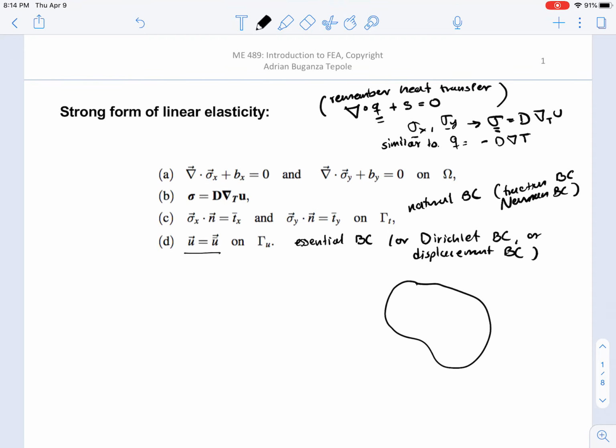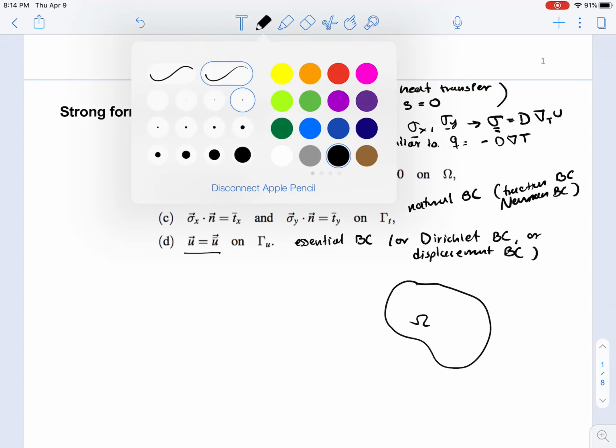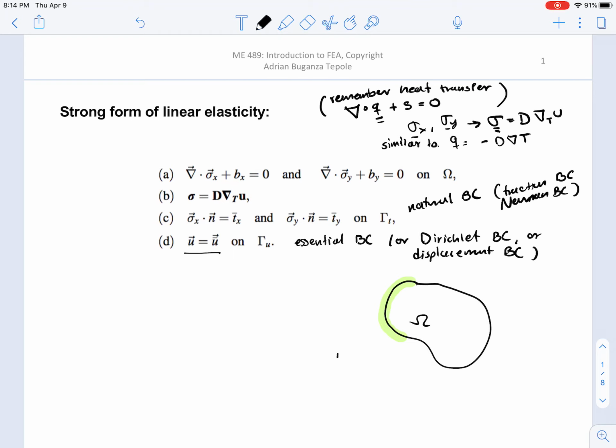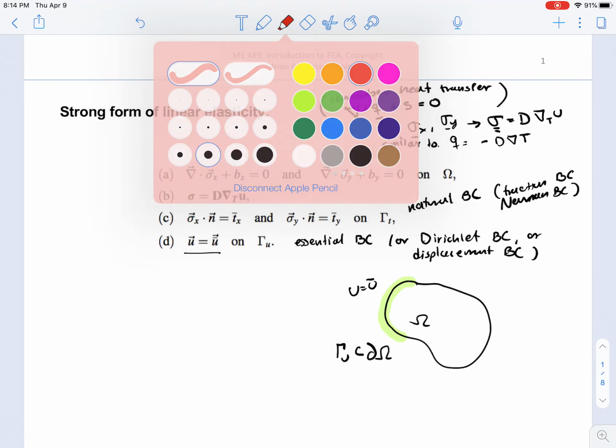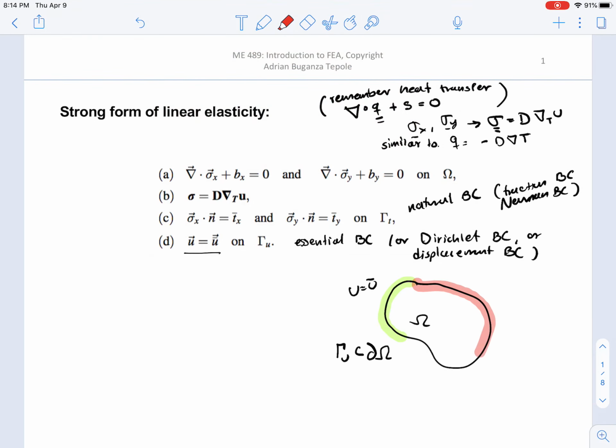Again, so we have somewhat of a similar setup as before. The strong form is to solve a PDE over some domain omega that has boundaries, and there's two portions of the boundary. There's a portion of the boundary which is gamma u, which is part of the boundary where we have prescribed displacements, u equals u bar on this part of the boundary.